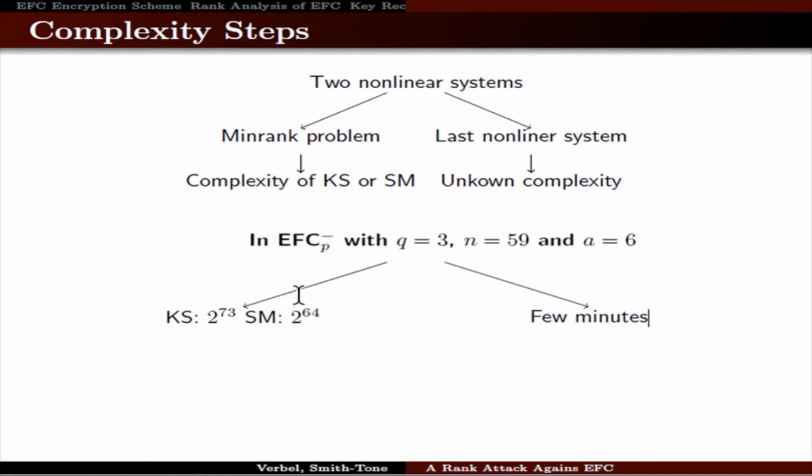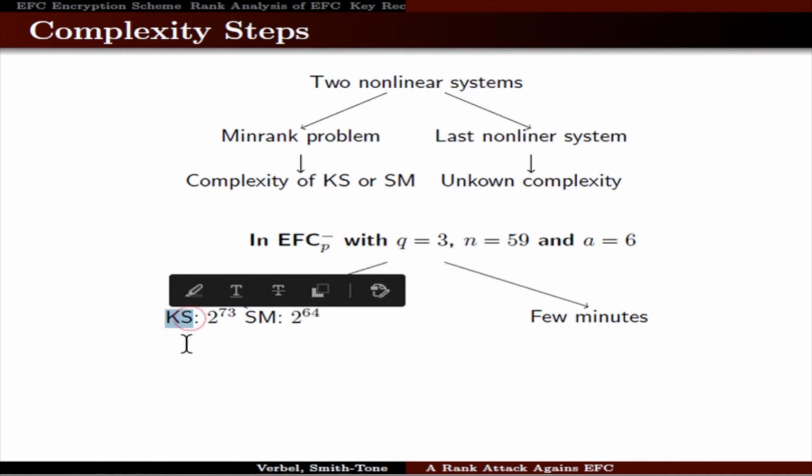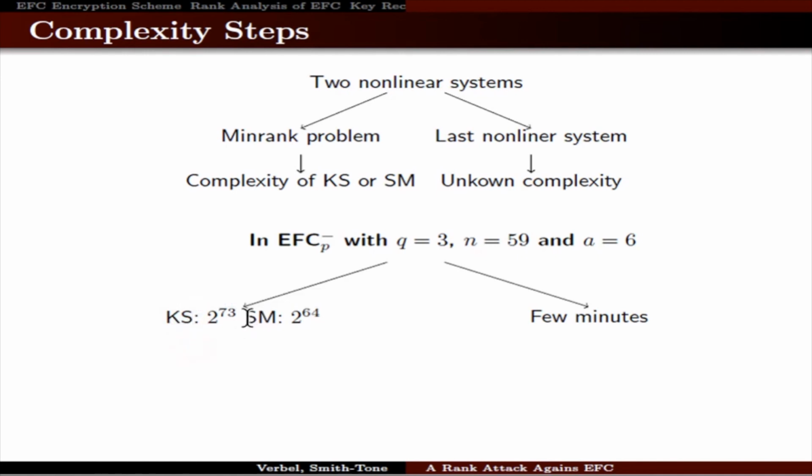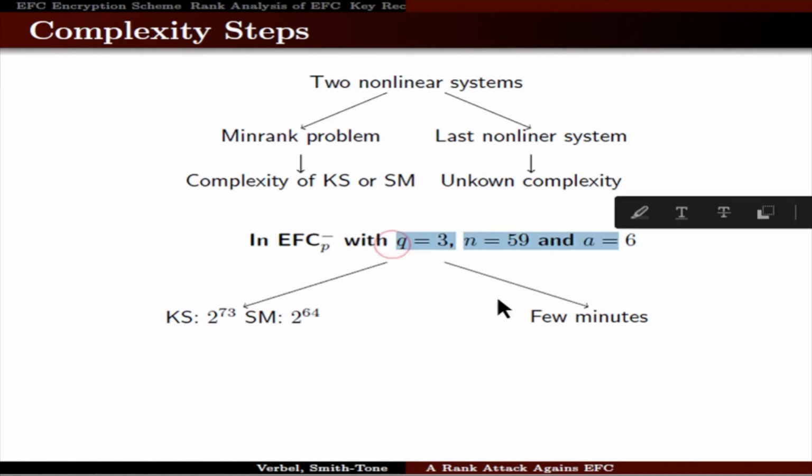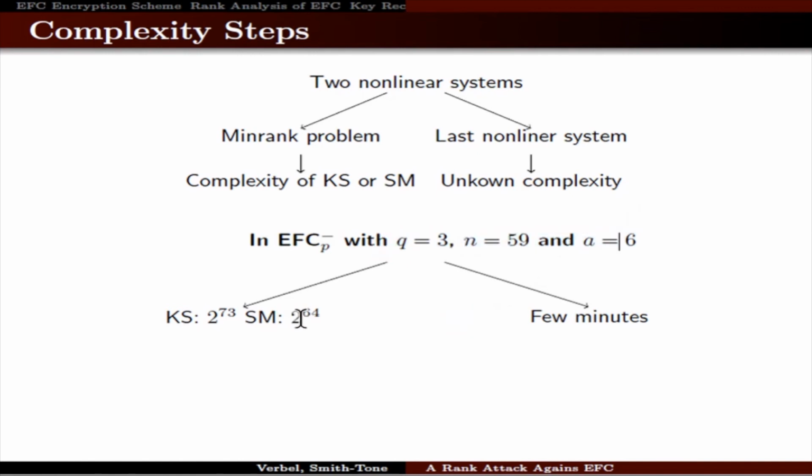But in the case of the Minrank problem, in the paper we estimated that complexity to be 2 to the 73 using the Kipnis-Shamir method. But then another method for solving the Minrank problem came up, called support minors, which says that you can solve the Minrank problem for these parameters in a complexity of only 2 to the 64.